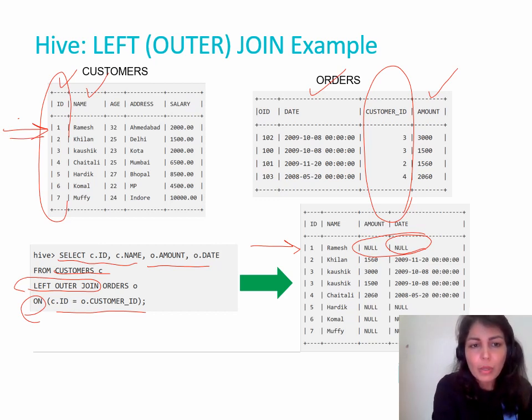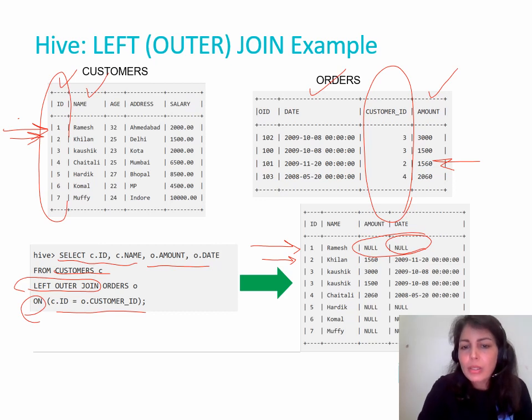So the second one, customer with ID number 2. Is there any matching record here? Yes, we have this one. So we will write it. Customer ID number 2, ID and name from customers table. And of course, amount is 1,560 and the date is here.